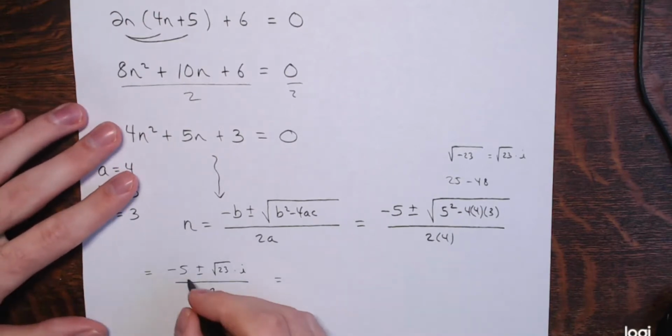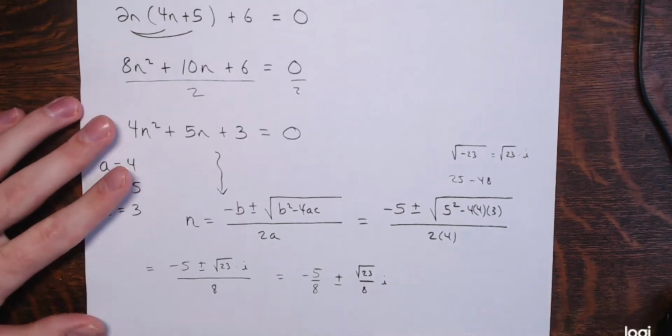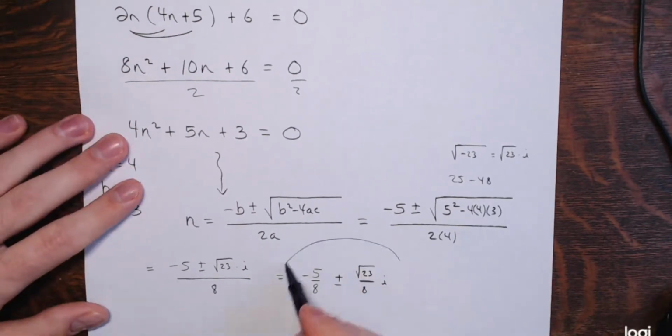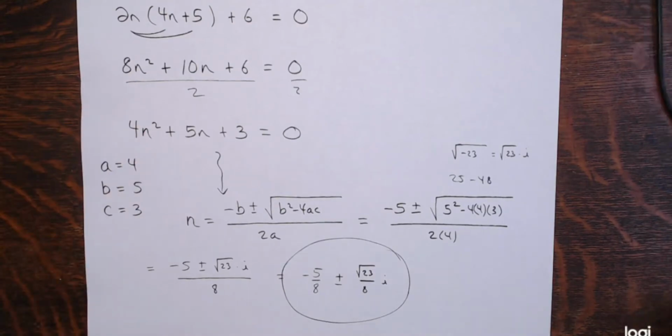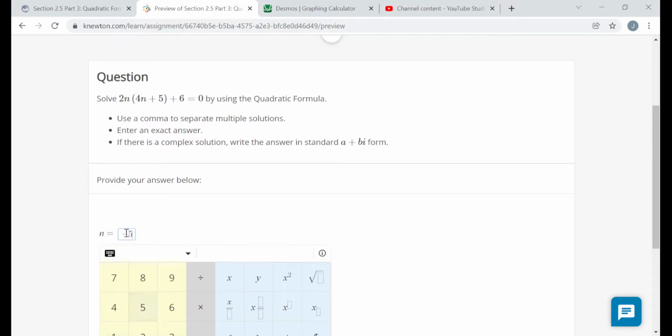So the real number is negative 5/8, then you got plus or minus, and then the square root of 23 over 8 times I, and one with the plus, one with the minus, and we do have to separate them. I can't use the plus or minus symbol. All right, so back here, n equals, the real number part is negative 5/8 plus, and then we got the square root of 23 divided by 8 times I, comma.